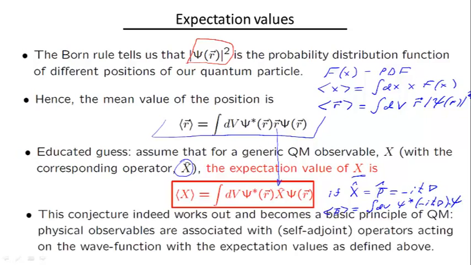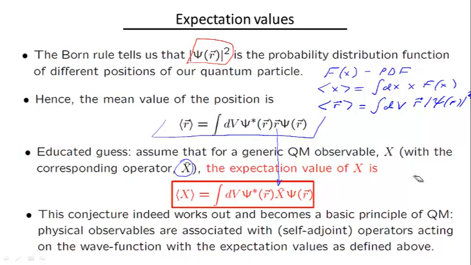It turns out that this conjecture actually works in that it is consistent with the experimental data. The experimental data implies that if we have an ensemble of quantum systems, each described by wave function psi of r, and we measure some property x of these quantum systems, we're going to get different results.